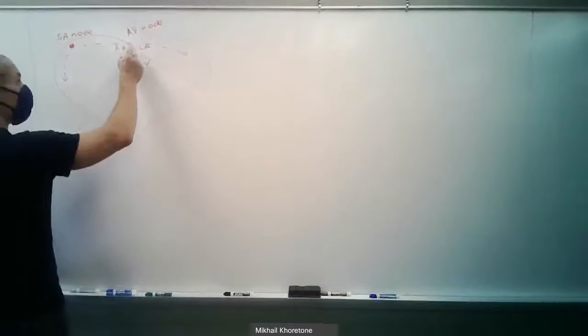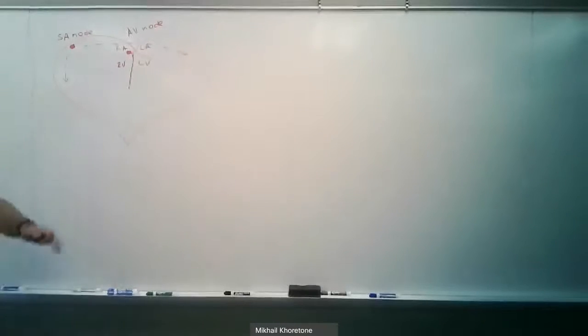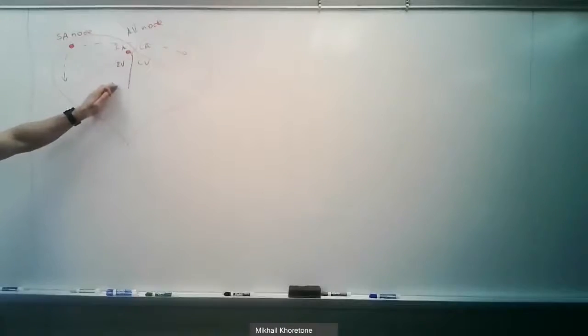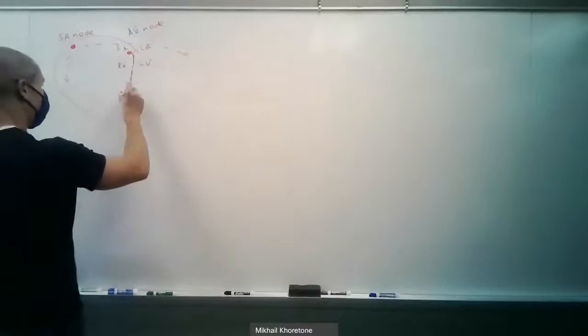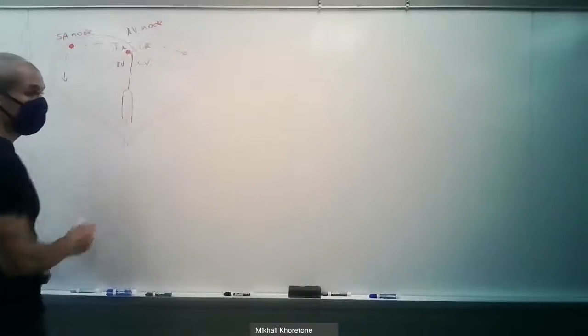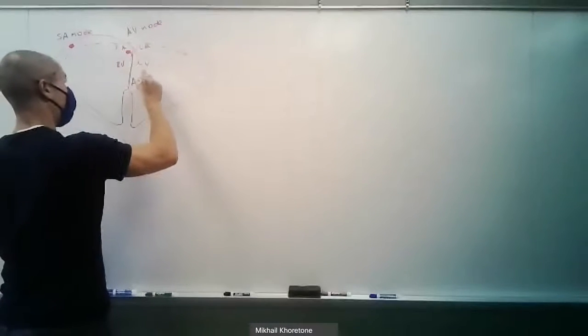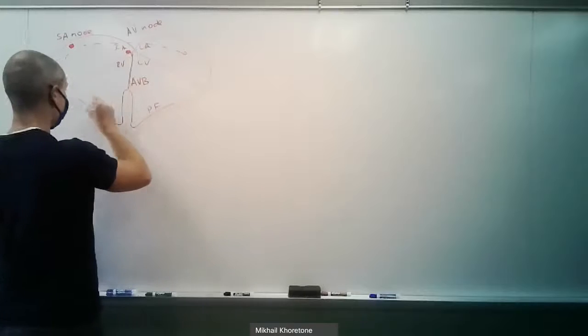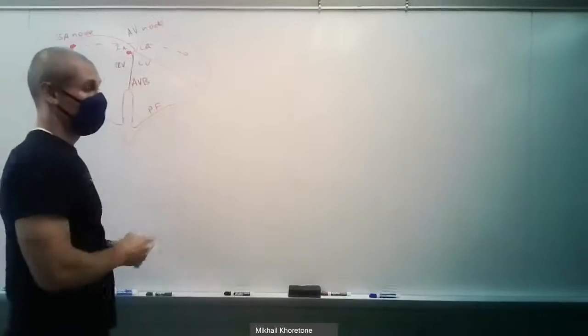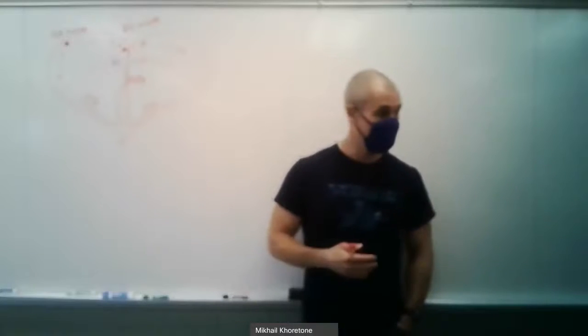Now from here, the signal enters a bundle of His, or atrioventricular bundle, and then splits into two branches. And these branches eventually spread into the Purkinje fibers. Okay? So atrioventricular bundle, Purkinje fibers. So far, are you kind of full?